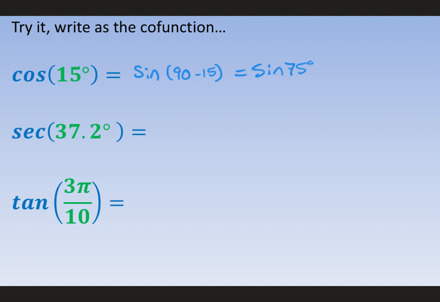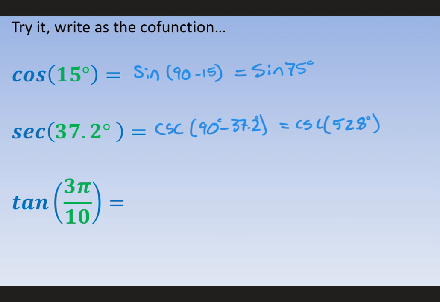I can change that into cosecant of 90 minus 37.2 degrees. That would become cosecant of, I think, 52.8 degrees. Yep, that seems right, 52.8 degrees.